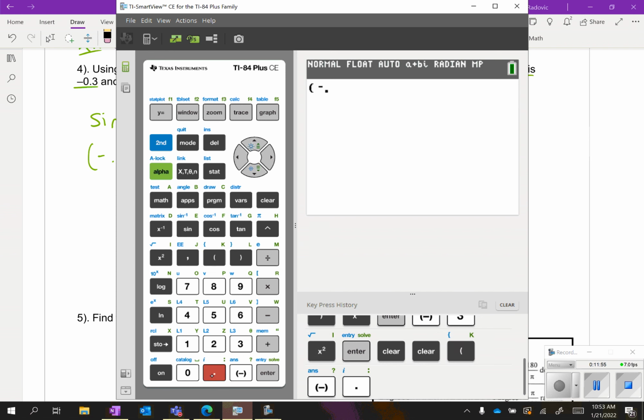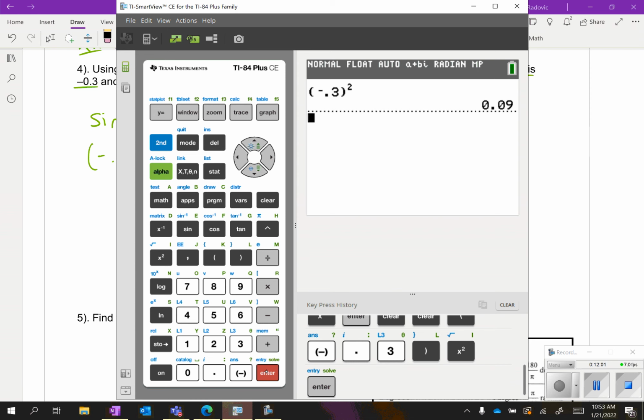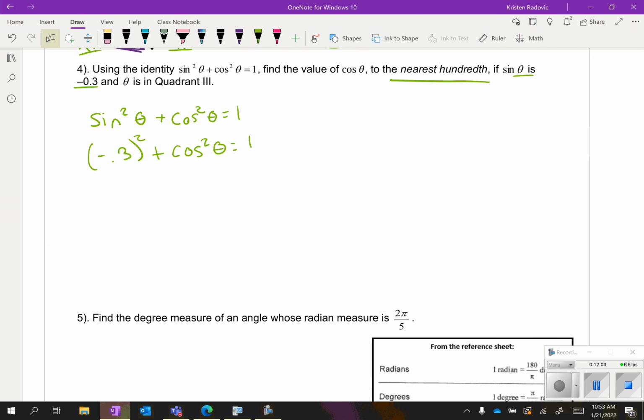Negative 0.3, close parentheses, square it. You get 0.09. And positive, because when you square a negative, it should become positive. Now, they're asking for us to find cosine, so we're going to try and get cosine by itself by bringing over the 0.09.